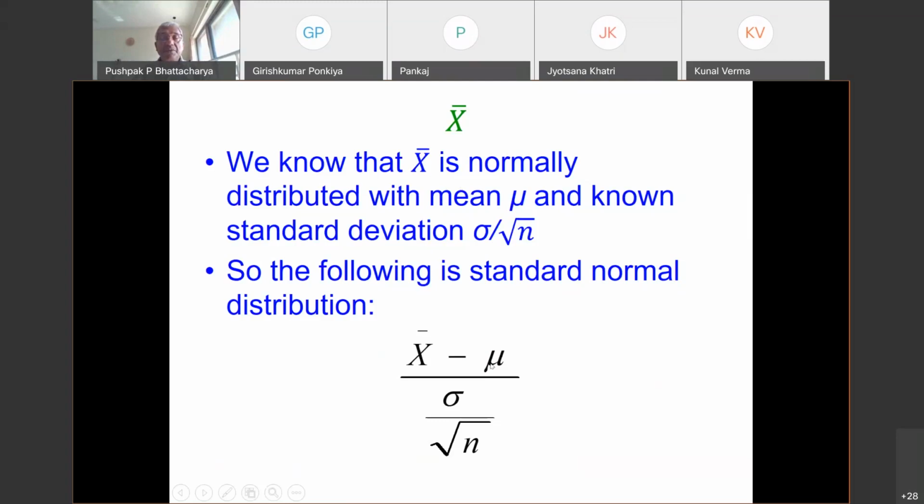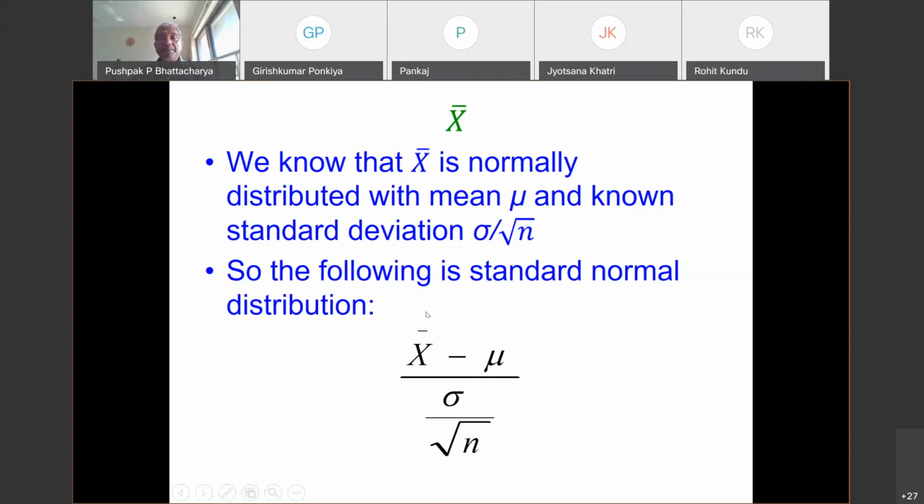So if I subtract the population mean mu from x bar, the sample mean, and divide it by sigma by root n, then you are subtracting the mean and dividing the difference by the standard deviation. You get a standard normal distribution, whose mean is 0 and standard deviation is 1.